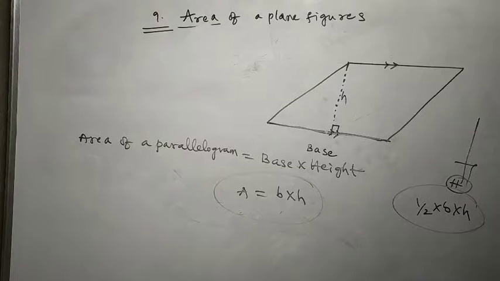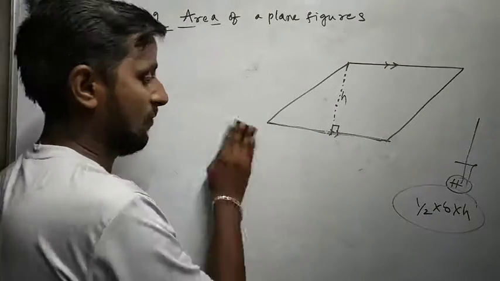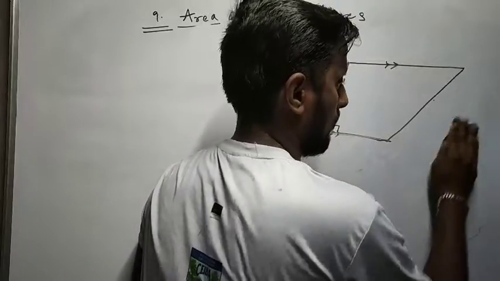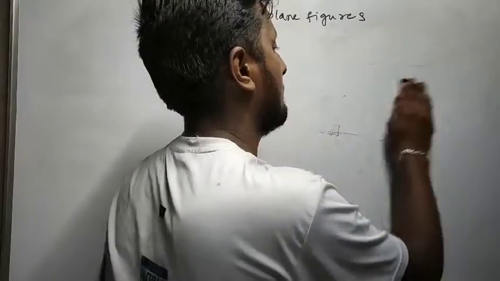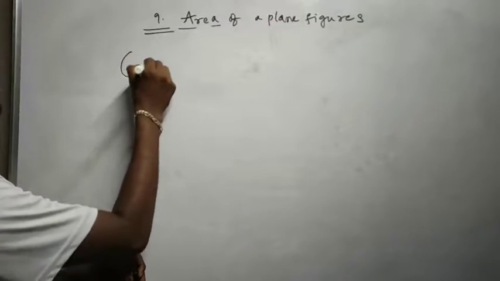And the last and only figure for today's introduction is the quadrilateral. A quadrilateral is a general figure.